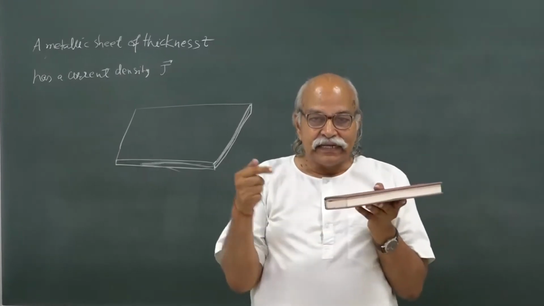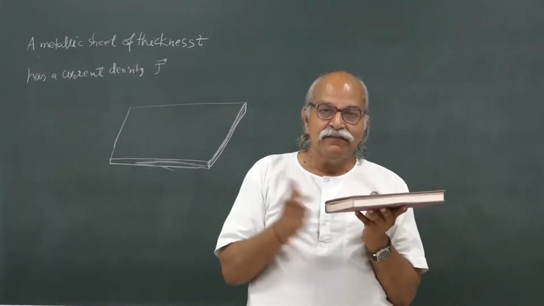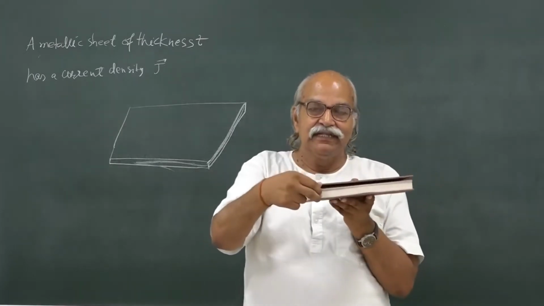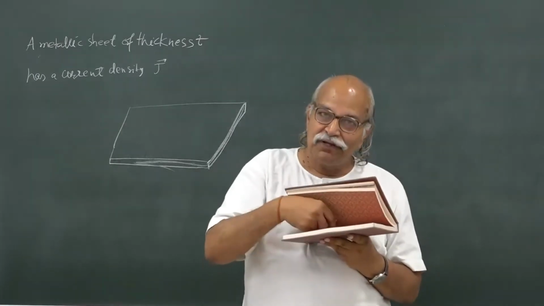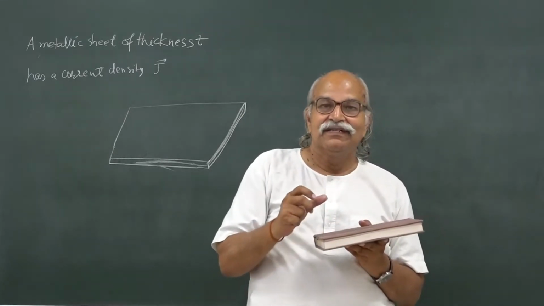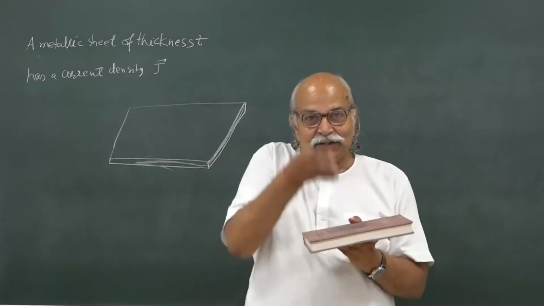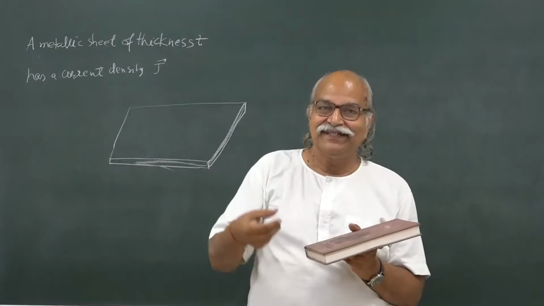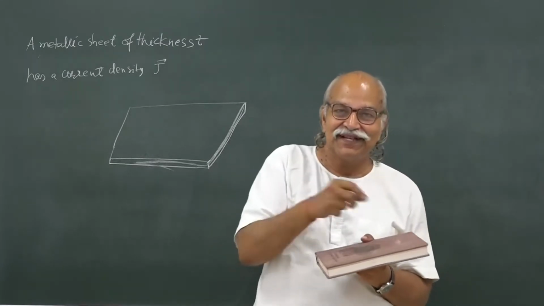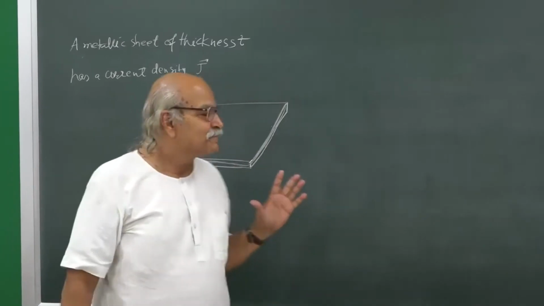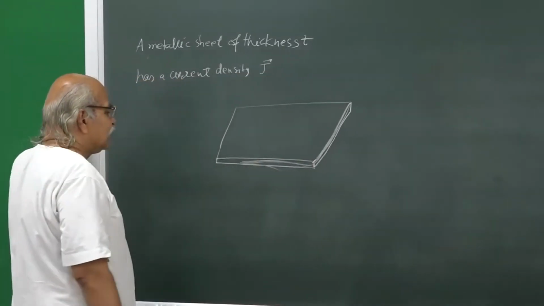So, there is a current density, volume current density J. That means, inside the sheet somewhere you take some small volume element d-tau and see how much is the current there. So, you make a small cross section, then see how much charge is going from this side to that side, divide by that area and get that J. So, it is like that.